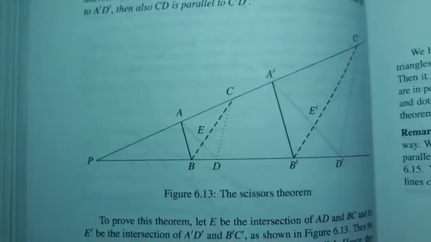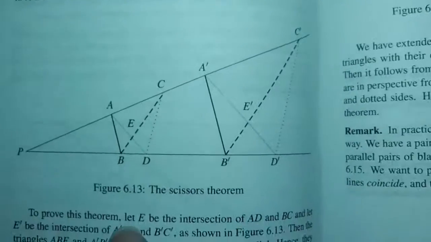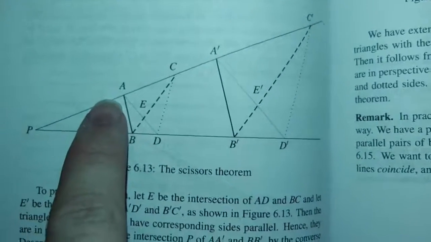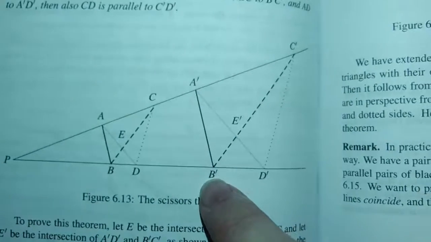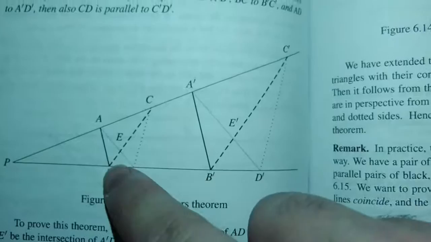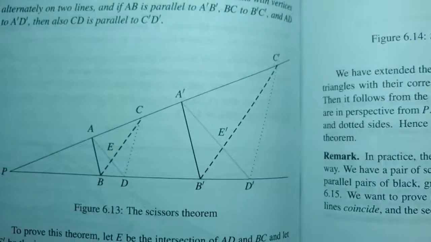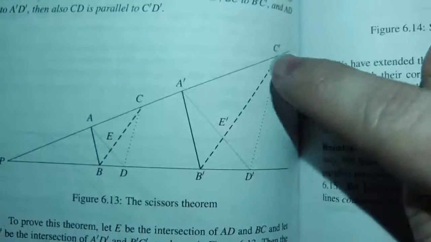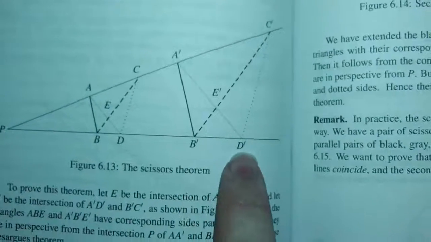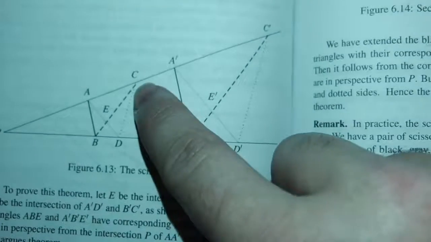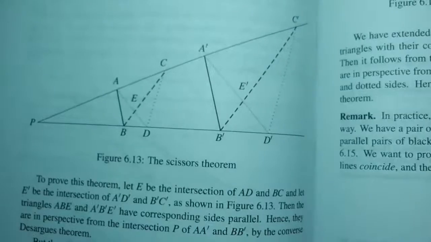It's kind of hard to see because there are so many different things here, but it's saying that if the solid lines are parallel, so AB and A prime B prime are parallel, and the dashed lines are parallel, BC and B prime C prime, and the gray lines, so AD and A prime D prime, are parallel, then also these dotted lines, so CD and C prime D prime, are parallel.